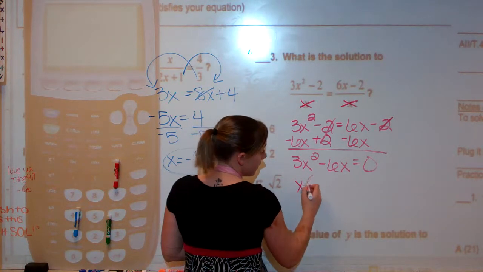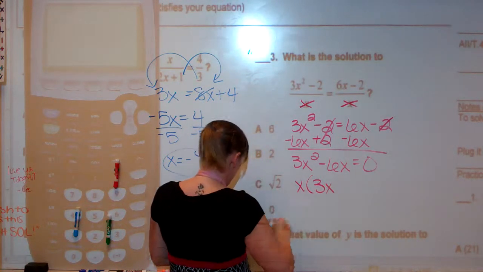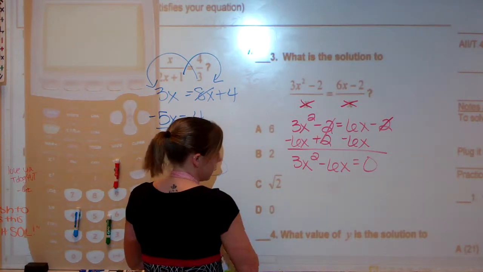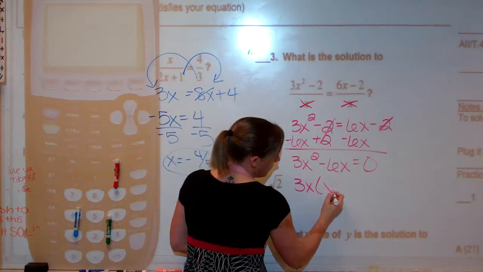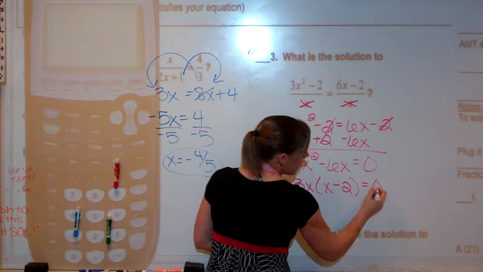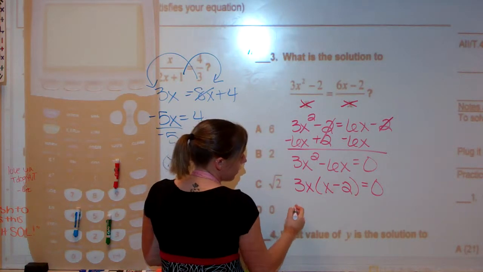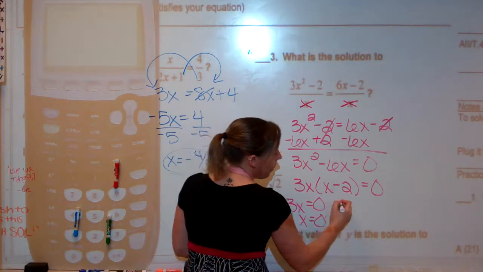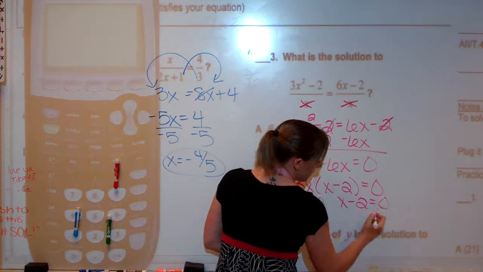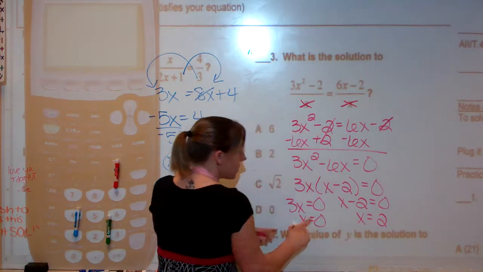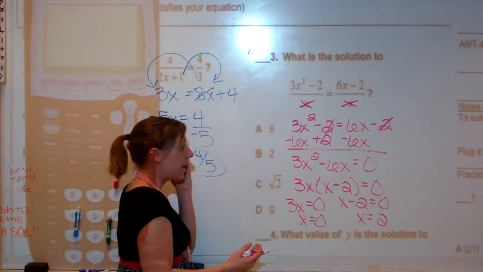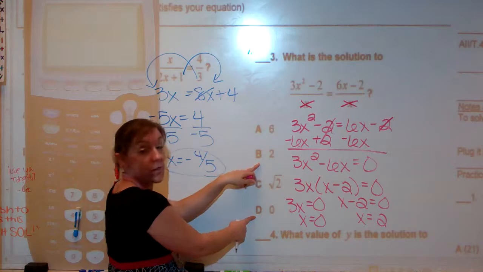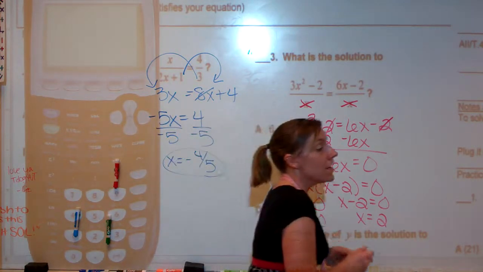Pull out a 3x, you get x minus 2. And then each of these equals 0, so 3x equals 0, so x equals 0. Or x minus 2 equals 0, so x equals 2. So this is our algebraic way. And then we need to decide which one it is. We'll talk about that in a second.